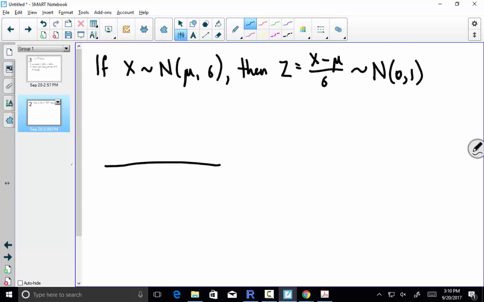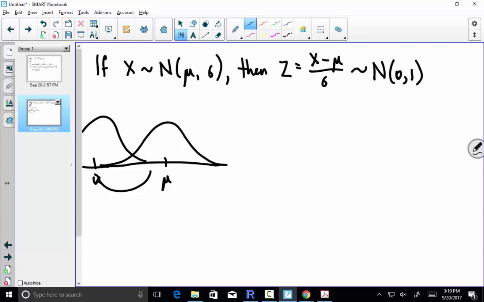That's like taking a distribution centered at mu and shifting it to be centered at 0. Subtracting a number doesn't affect the distribution. And then dividing by sigma, similarly, does not affect the distribution. It affects the scale, how spread out it is, but it doesn't affect the bell-shaped nature of it.